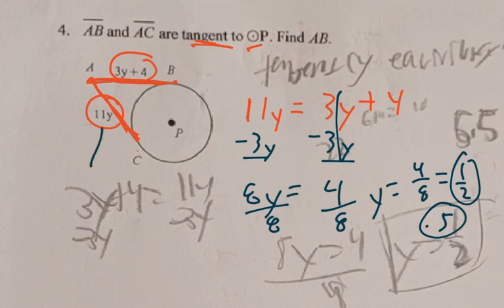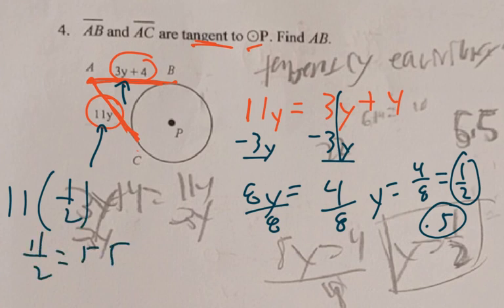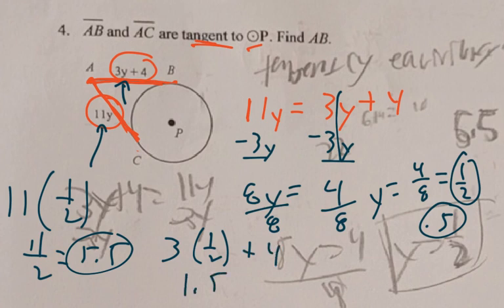So now what? Well, we can plug it in here and in here, and make sure it works out. So notice if I do 11 times a half, that's 11 halves, or 5.5, right? If I plug in 1/2 into the other equation, I get 1.5 plus 4, which is also 5.5.